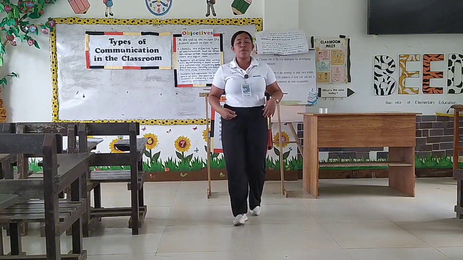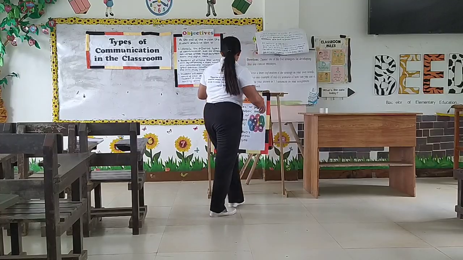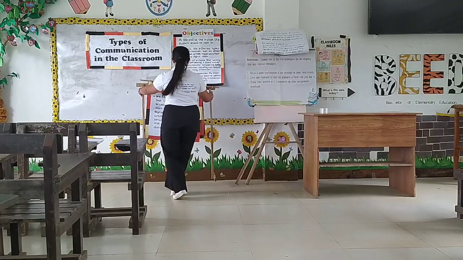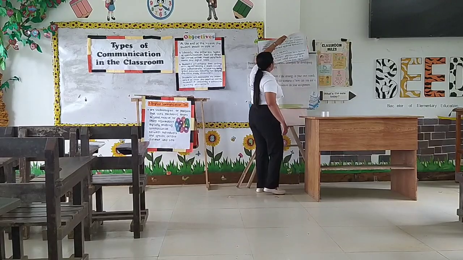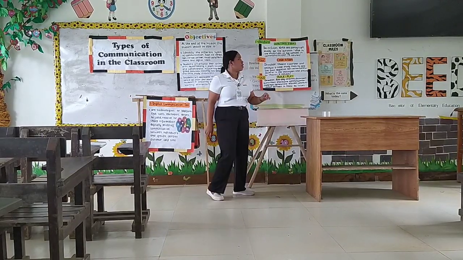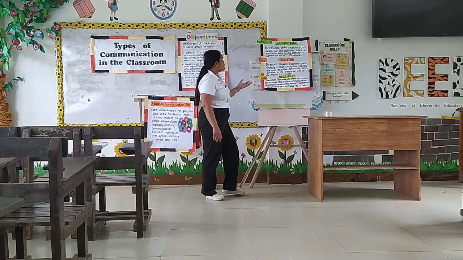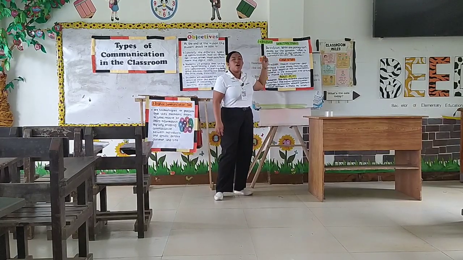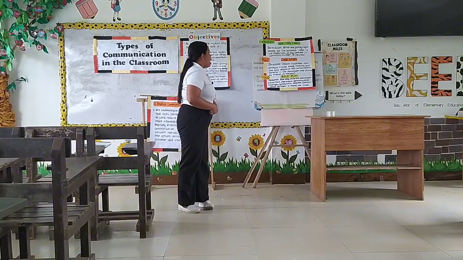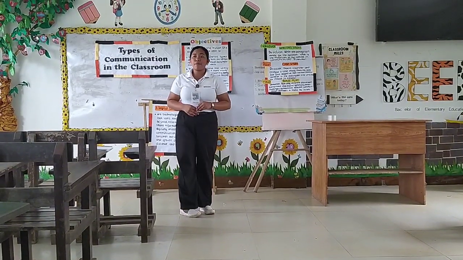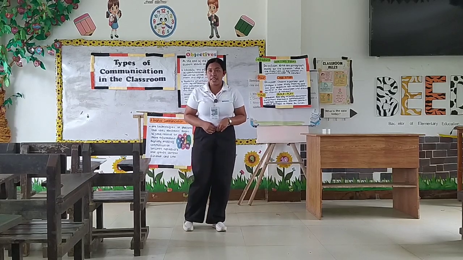In this activity, we will have 3 different activities. First, let's have an individual activity. So everybody read first the instruction. The first activity, you are going to write a 1 paragraph essay about the importance of eye contact in communication.